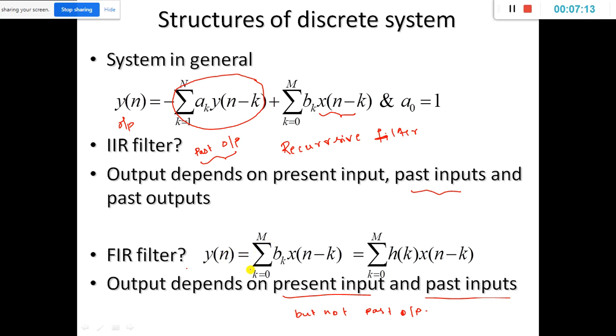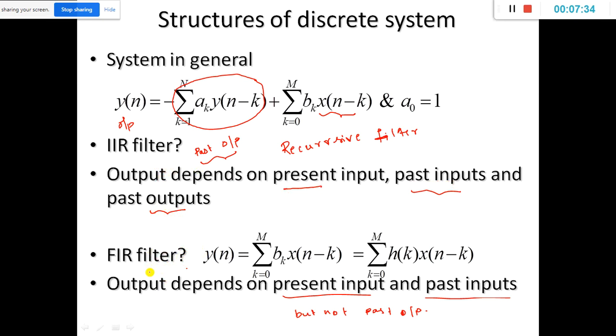Another very important concept with respect to the IIR filter. The first difference between IIR and FIR is that the impulse responses are infinite in IIR and finite in FIR. In an IIR filter, the output depends upon the present input, past inputs and past outputs as well.